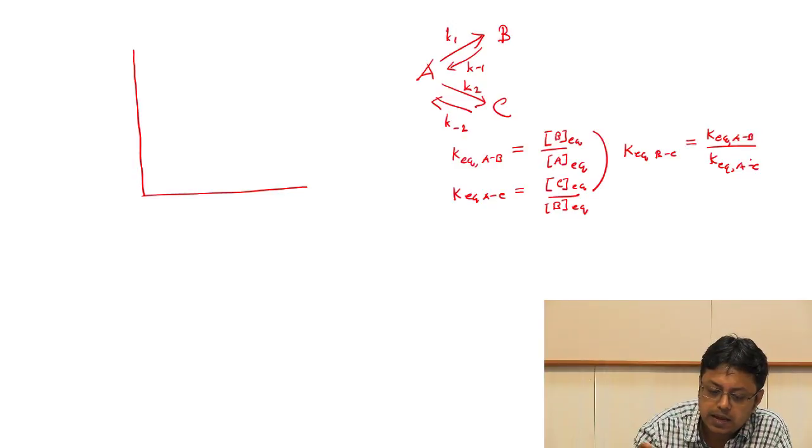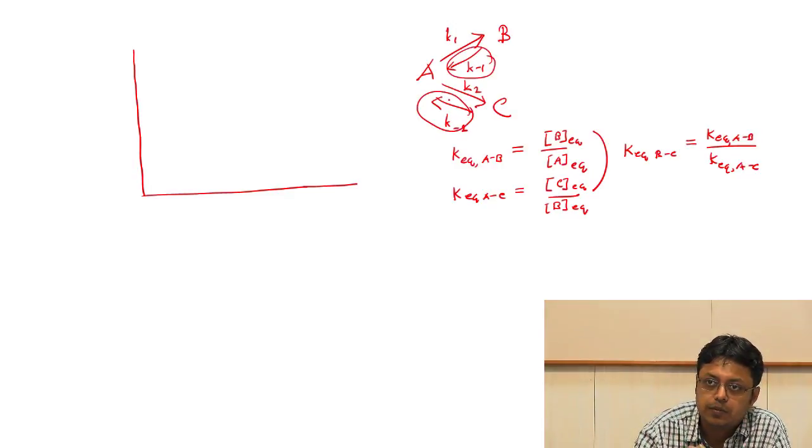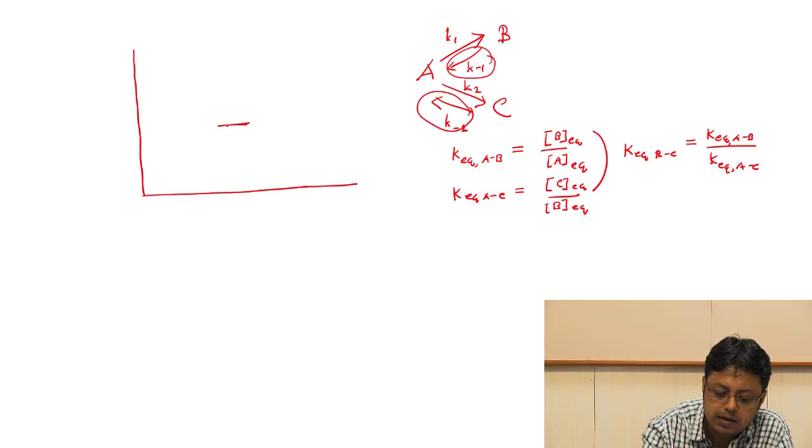So let us now go back again and think that, okay, fine, these two reverse steps don't exist. Just think that this is only an irreversible transformation from A to B. And then what will happen is that suppose the reactant is lying somewhere here. This is the energy diagram again versus the reaction coordinate. We call this coordinate a reaction coordinate.